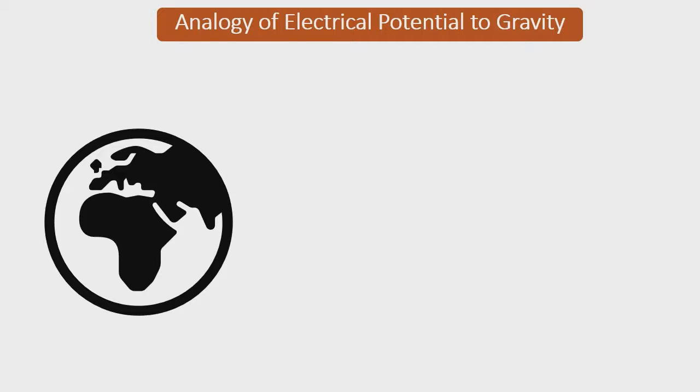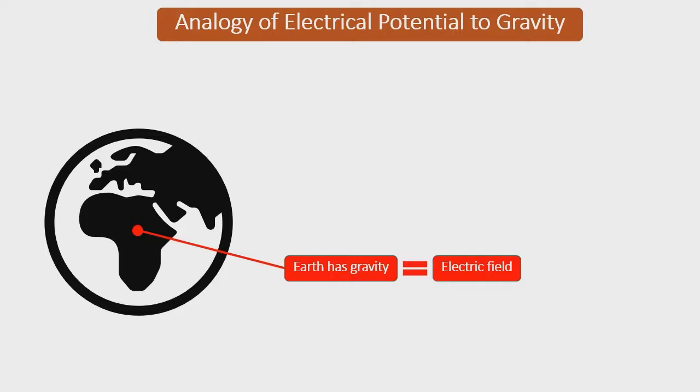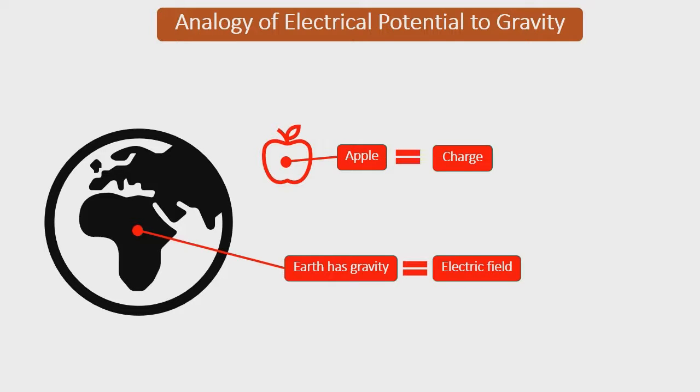So our planet Earth has a gravity because it has a mass, and for example, it will be attracting a specific type of object, so it will be called a gravitational attraction between the Earth's gravity and the object. So supposing that Earth's gravity this time will be the electric field, and so the charge here will be the apple.